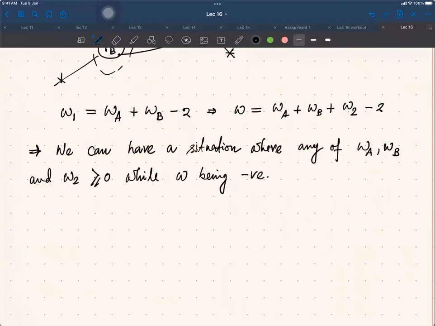If that happens, then although omega is less than 0, which means the total gamma is superficially convergent, gamma must have an actual divergence.